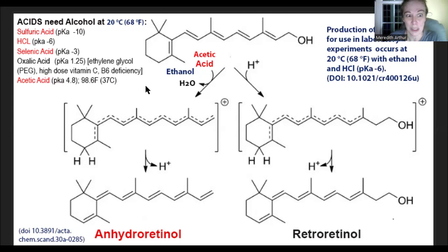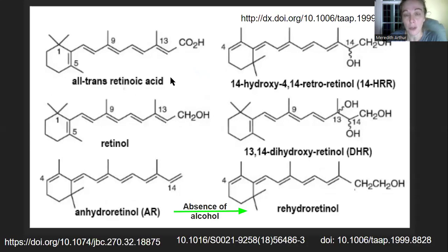I think that's all I want to say there. Okay. So how do we get out of that, right? We have all these forms of vitamin A: all-trans-retinoic acid, retinol, anhydroretinol, 14-hydroxy-4,14-retroretinol, 13,14-dihydroxyretinol, and then we have rehydroretinol.